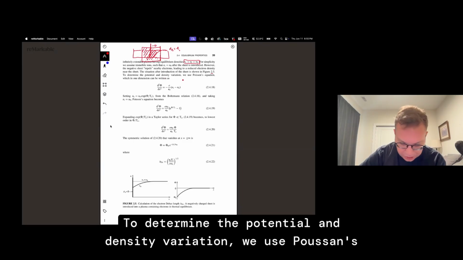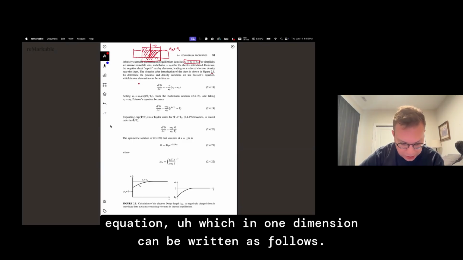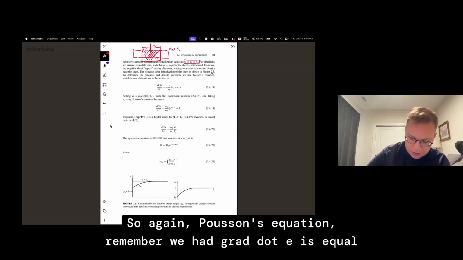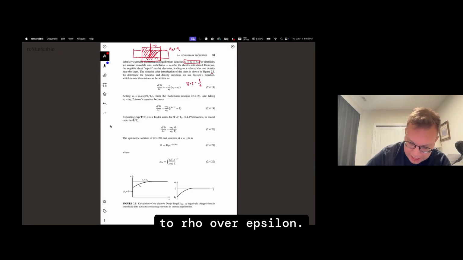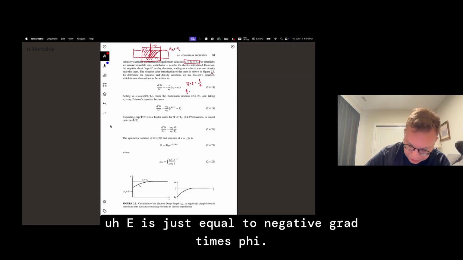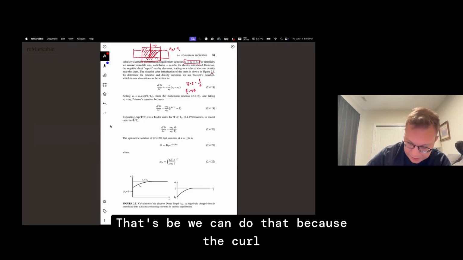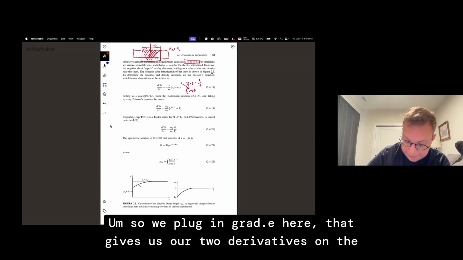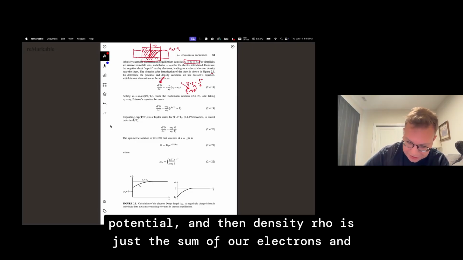To determine the potential and density variation, we use Poisson's equation, which in one dimension can be written as follows. So again, Poisson's equation, remember we had grad dot E is equal to rho over epsilon. E is just equal to negative grad phi. We can do that because there's basically no magnetic field. So we plug in grad dot E here. That gives us two derivatives on the potential, and then the density rho is just the sum of our electrons and ions.